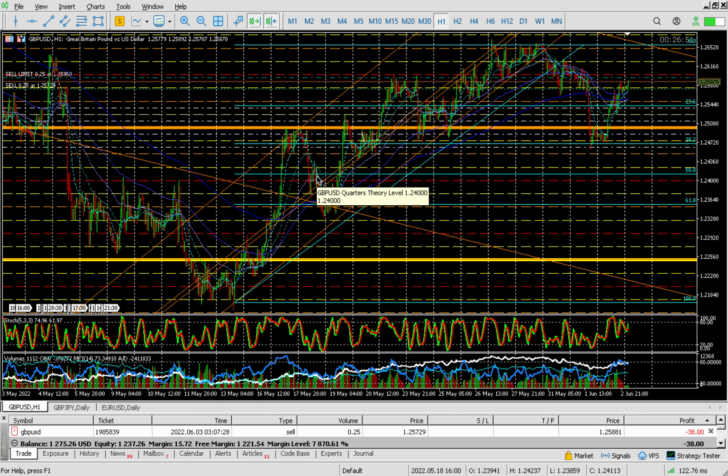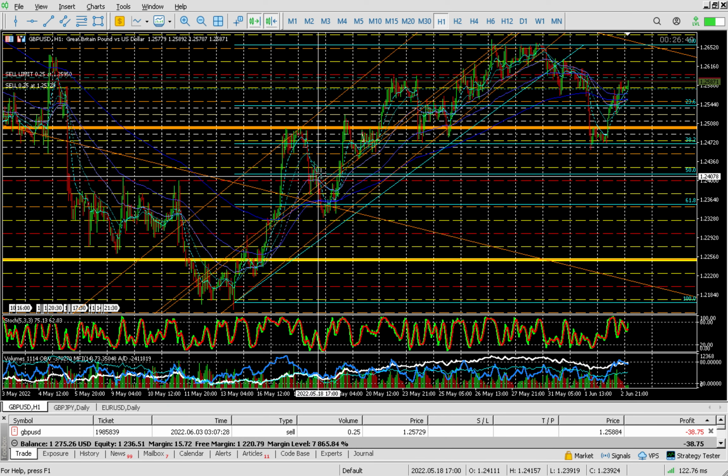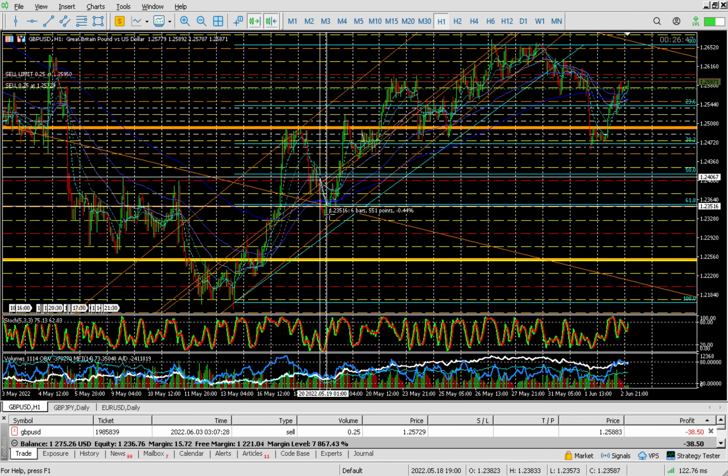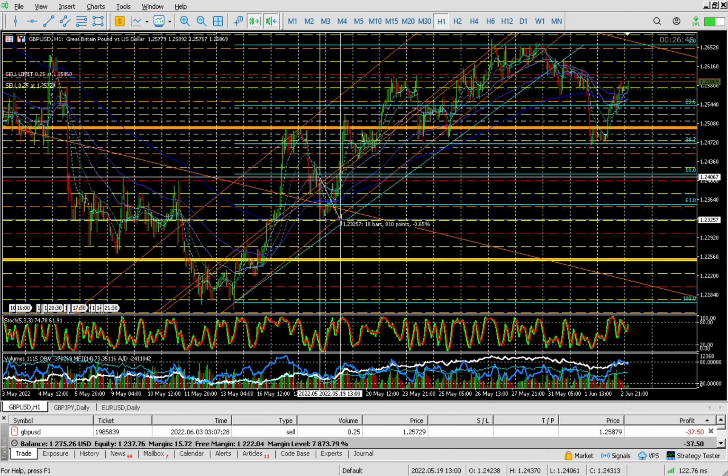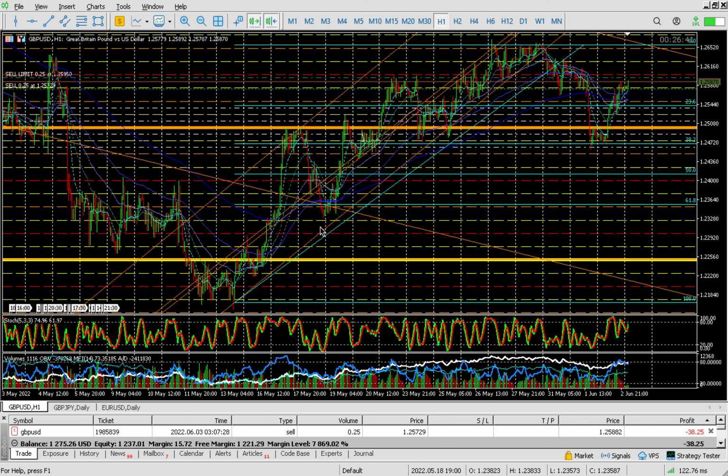But the point is basically, let's say you'd have bought here or here. Well, you would have been in pretty bad drawdown. So that's what you have to be careful about. So you just have to zoom in on that and look at what's going on. But anyway, eventually it worked its way up. And you had what looks like almost a double top here. Boom.